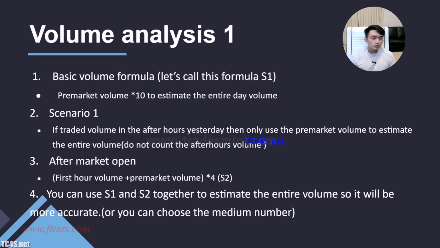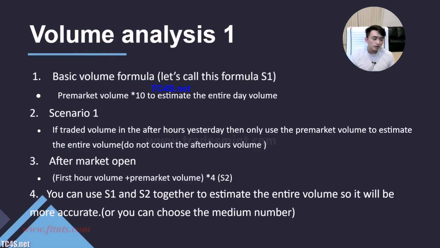Once you get the volume after market open, there's also another formula that is going to be useful to get a more accurate volume prediction. It's going to be the first hour volume plus the pre-market volume, times 4. This is the second formula, so we're going to call it S2. The reason why I have S1 and S2 is that normally S1 is to estimate the entire day volume without any resistance.